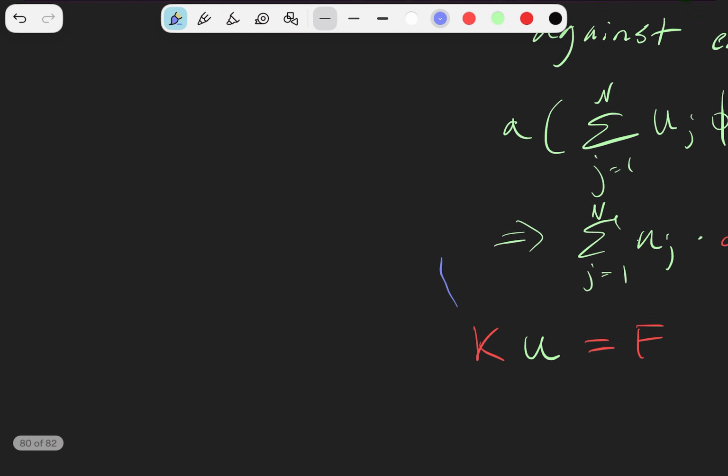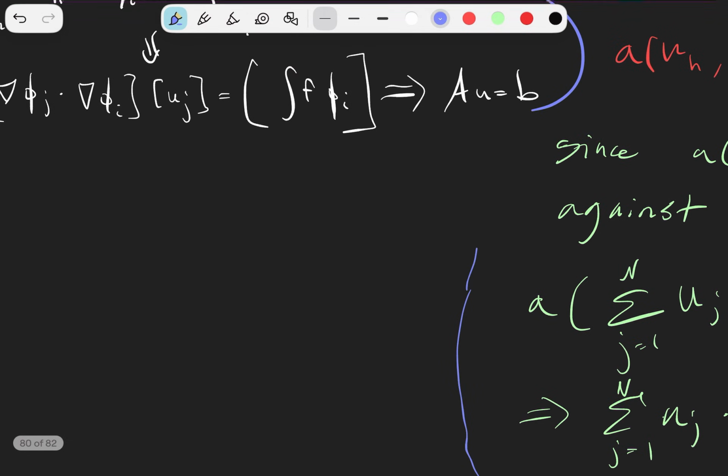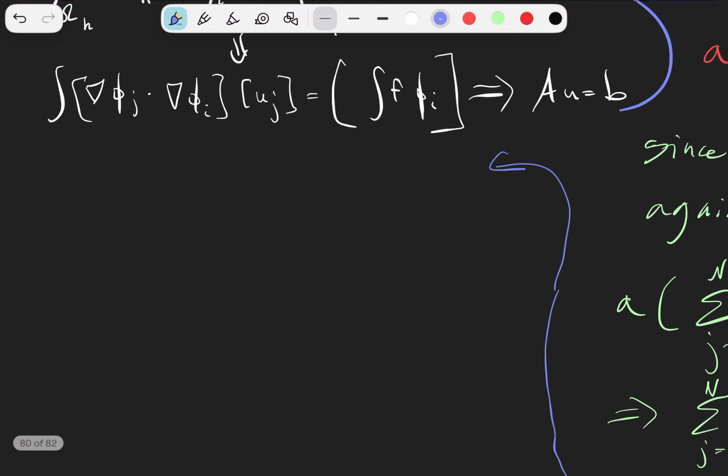K is, let's move this over here, K is something we call the stiffness matrix in elasticity. But it has this property that it doesn't go to 0. And again, remember, just a side note, the stiffness matrix is literally just the energy bilinear form between two nodes.